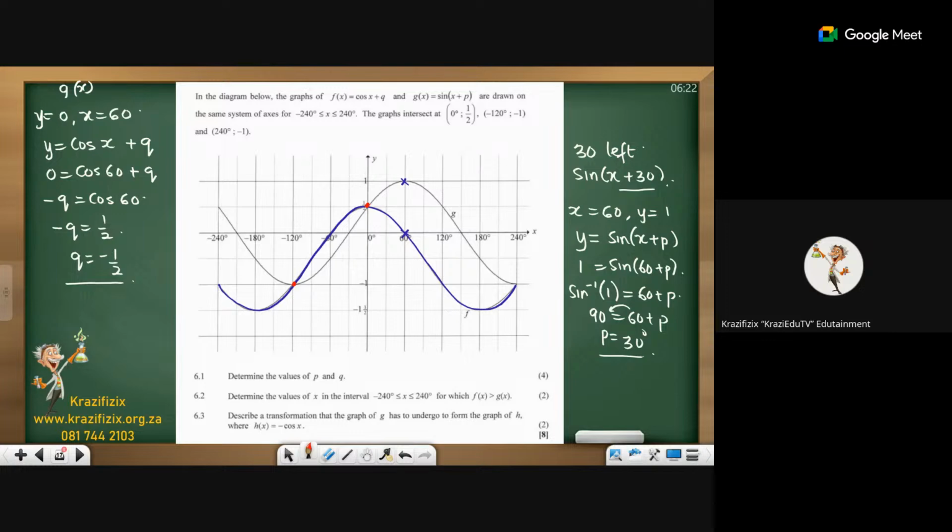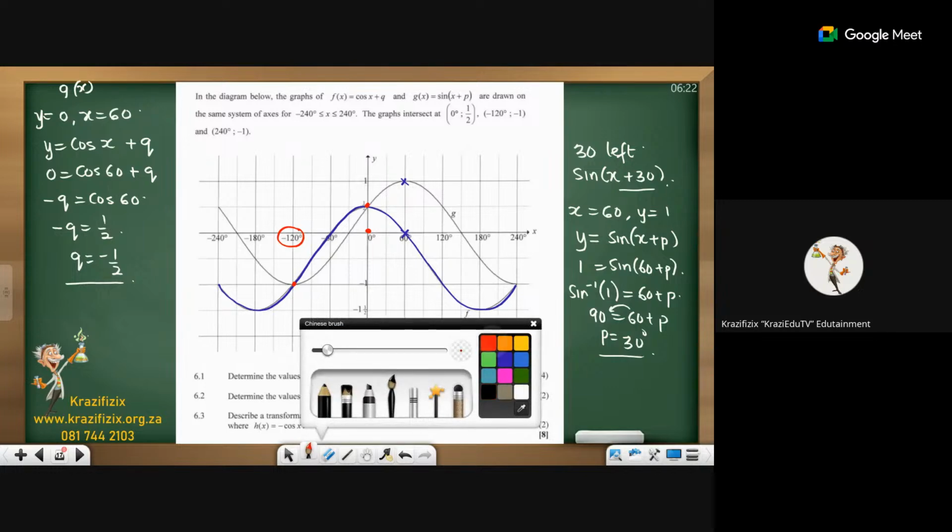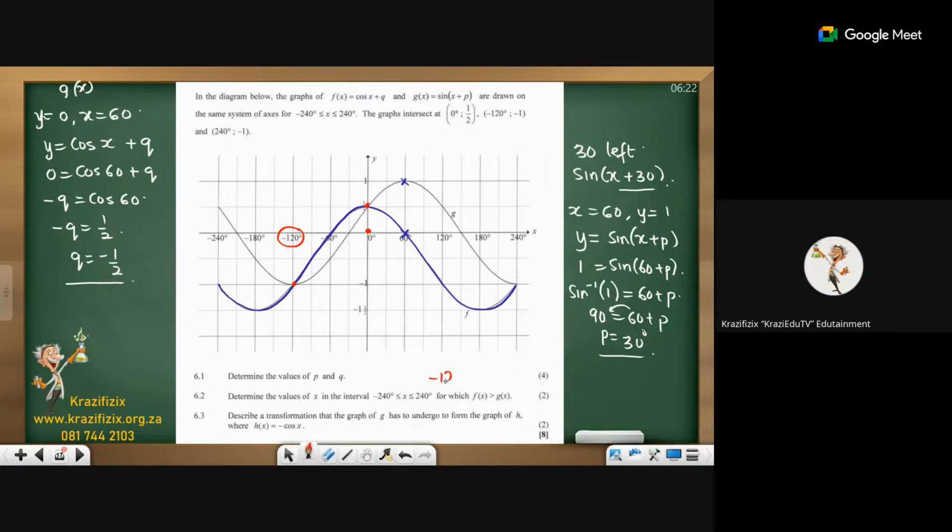So what's my answer? We are dealing with x values, my dear learners. It's between negative 120 and 0. So negative 120 is less than x, less than 0. The examiner did not say equal to.